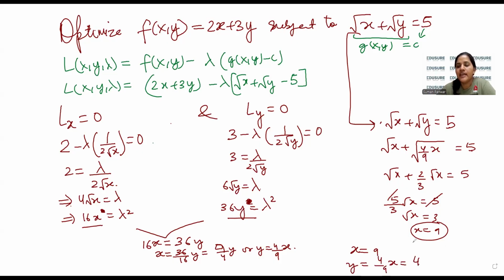So basically we have a point. Optimization occurs at (9, 4).